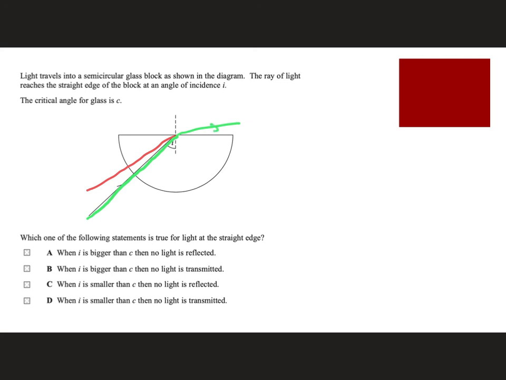If I have another one and it's greater than the critical angle, I'm going to get total internal reflection. Now, there's a few other things we've got to point out here, and that is with this green line, even though it's being transmitted, I actually will always get reflection. I'll just get a small amount of it.